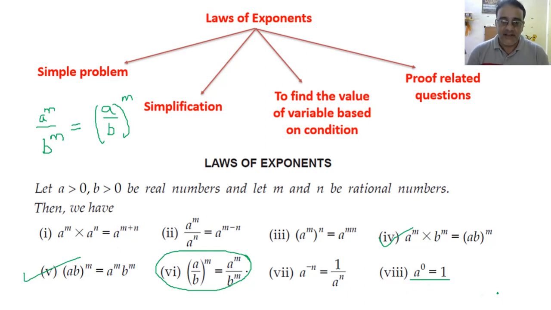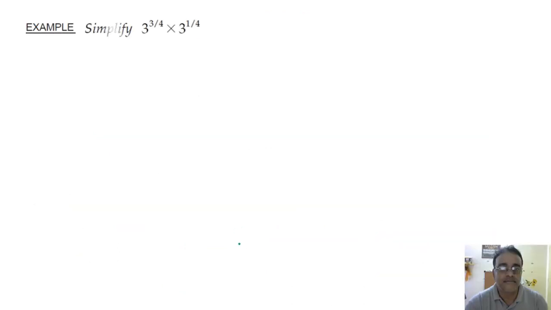Okay, these are the laws which we are going to use in these different types of questions. And let us start with the simple problem. This is the simple problem. Bases are same and the powers are given. So यहाँ पे हम लोग कौन सा रूल यूज करेंगे? a to the power m into a to the power n is equal to a to the power m plus n.